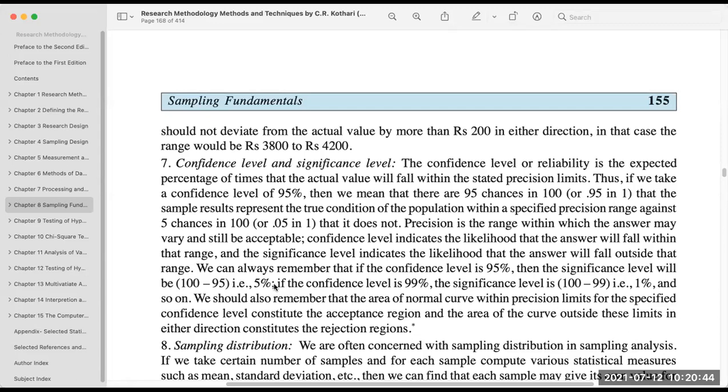That means the product is not going to satisfy the requirement, or that parameter is not going to satisfy the specification. So if the confidence level is 99%, you are saying that 99 times the product will fulfill the requirement, and the significance level will be 1%, and so on. Right?